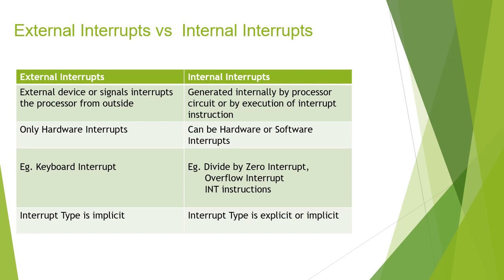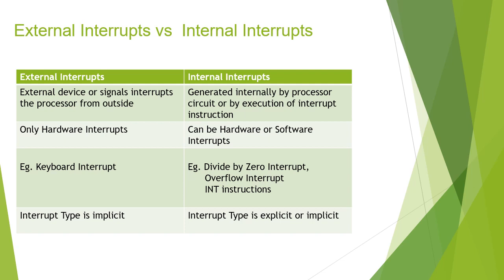To summarize, these are the differences between external interrupt and internal interrupt. In an external interrupt, an external device or signal interrupts the processor from outside, whereas internal interrupts are generated internally by the processor circuit, like division by zero or overflow interrupts, or by execution of interrupt instructions like the INT instruction. Examples of external interrupts are a keyboard interrupt, a printer interrupt, or any type of external device interface interrupt.